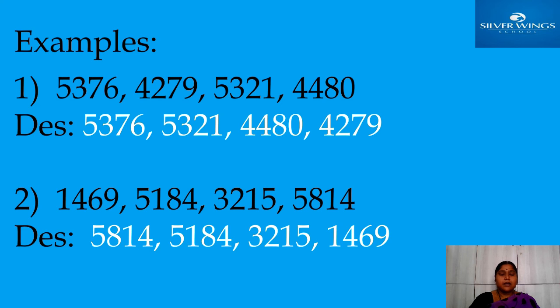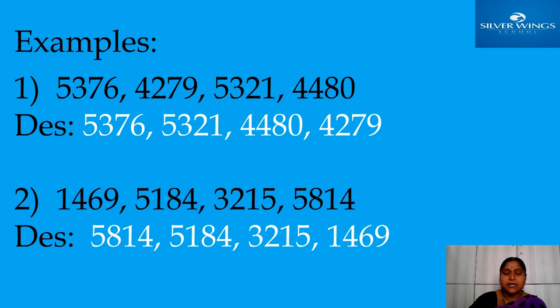Next, again two numbers are there, and you should select the bigger one. These two are also 4-digit numbers, so check the first digit, the thousands column digit. Here the thousands digit is 1, and in the third number it is 3. Which is the big number, 1 or 3? 3 is the big number. So you should write 3215 in the third position. Next, the last number is 1469, the smallest number.